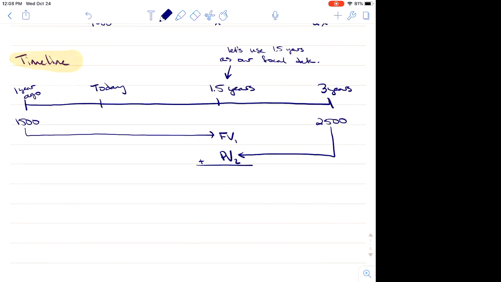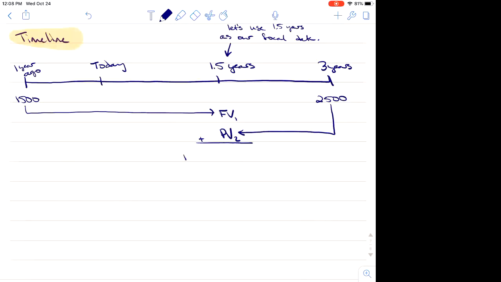Okay? So the total here is the total original value at 1.5 years. So we want to find a payment plan that has that same total value at 1.5 years.